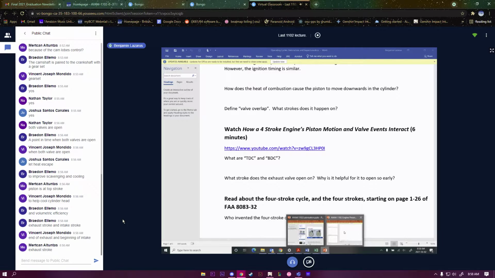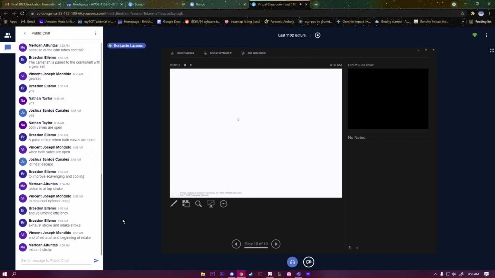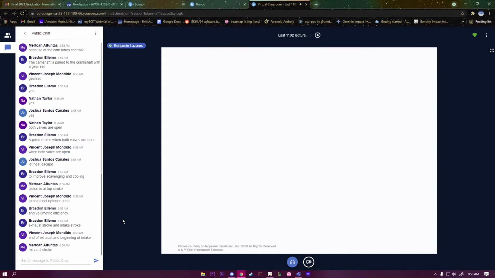Let me show you another kind of neat trick that helped me understand why the exhaust valve is opened so soon. Display settings, swap, minimize. See if I can draw this.